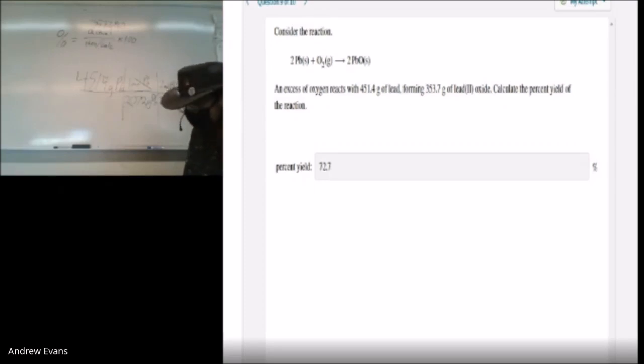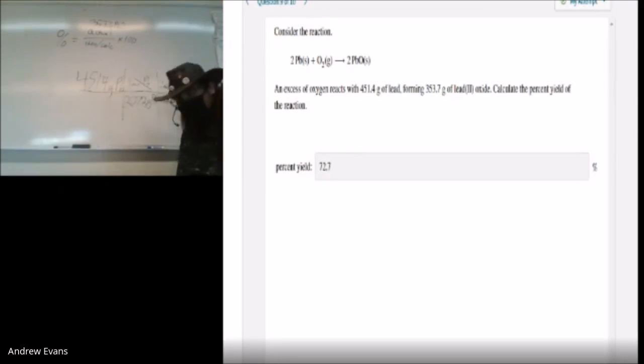So 451.4 divided by 207.2, times 2 over 2, which is the same number, times 223.2.